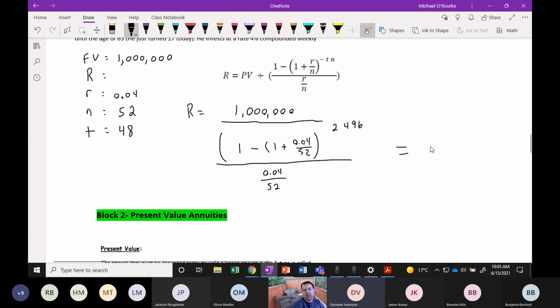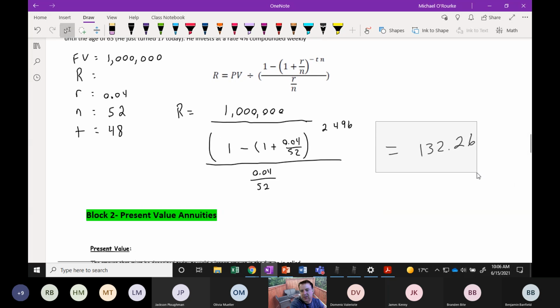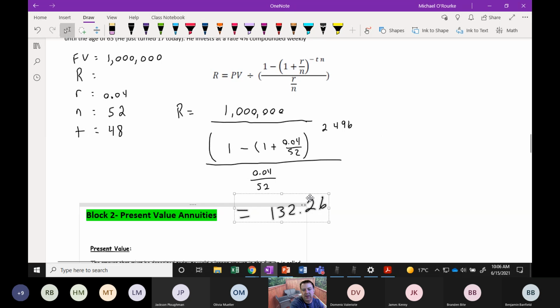That is not what I got at all. Could we do it on the phone calculator? Yep. I just want to get an answer for us to aim for, since I messed up the formula. All right, so let's do.